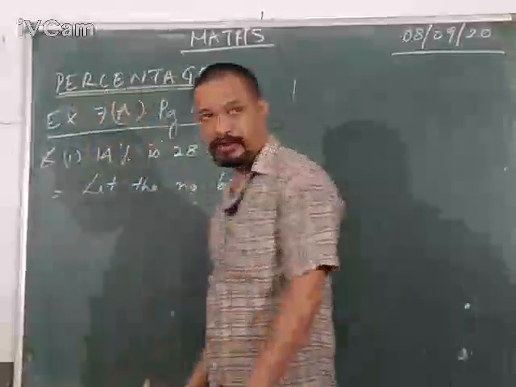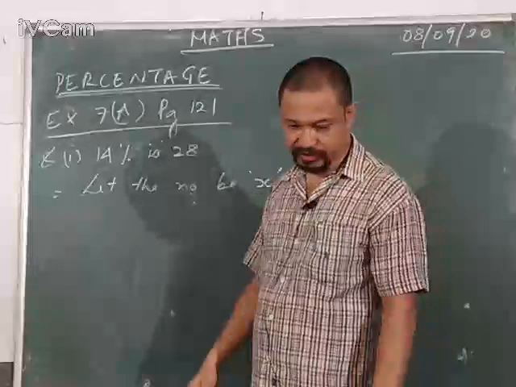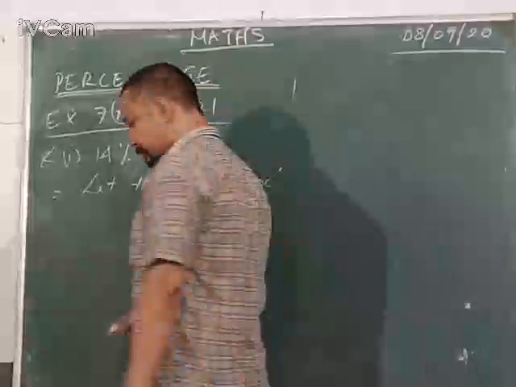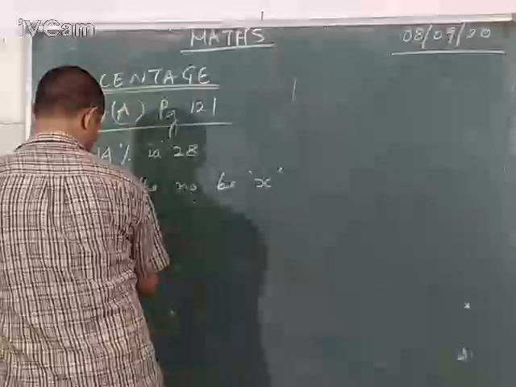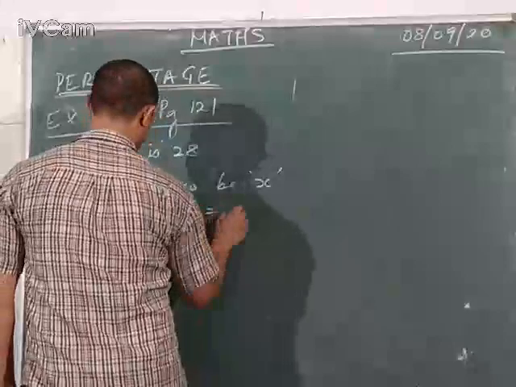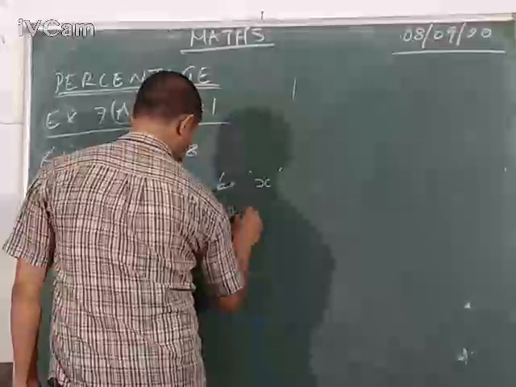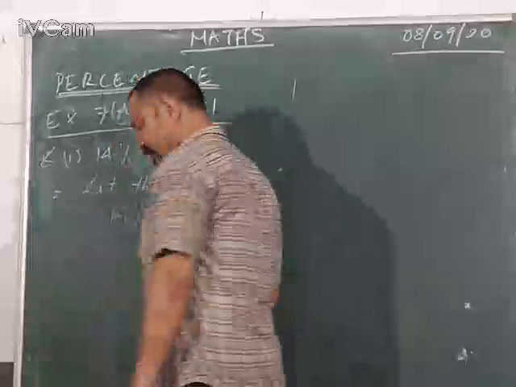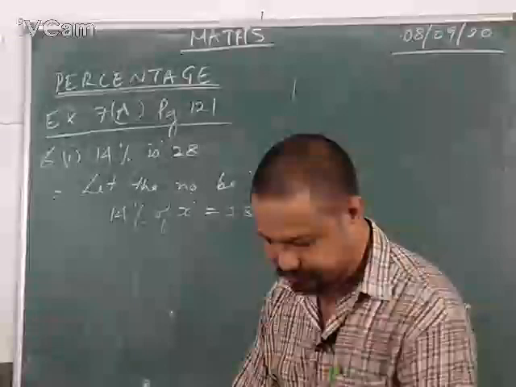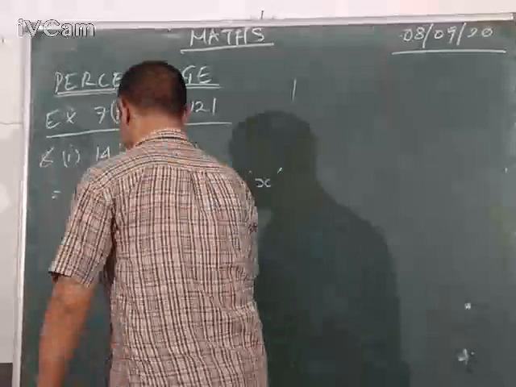Because it says find a number, the number has to be x. So this is what the statement means: 14% of a number is 28.